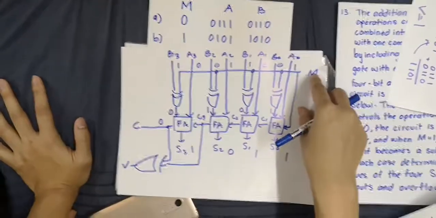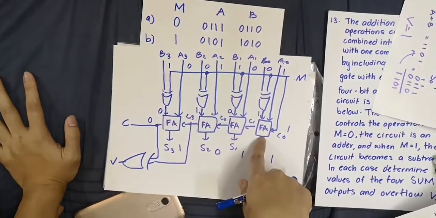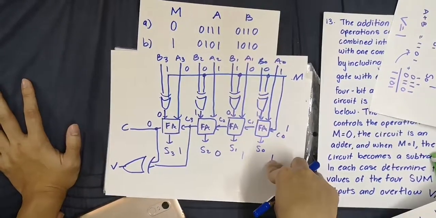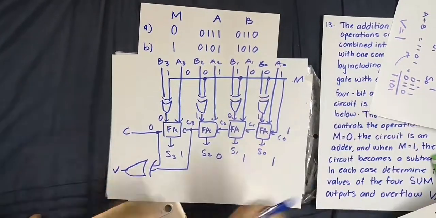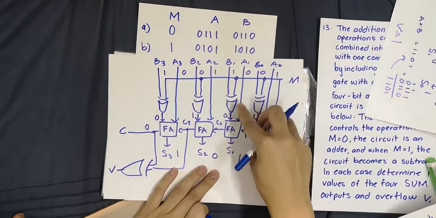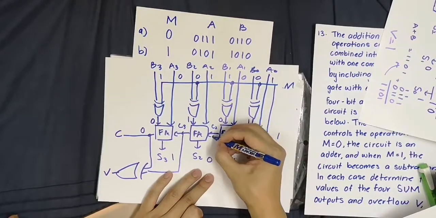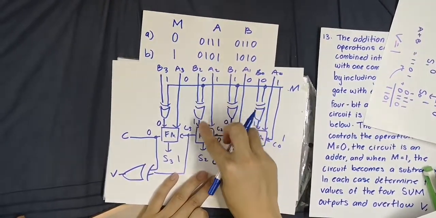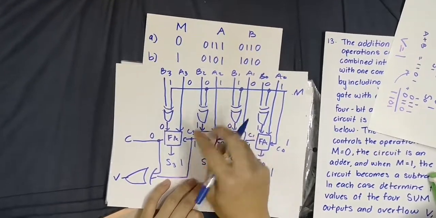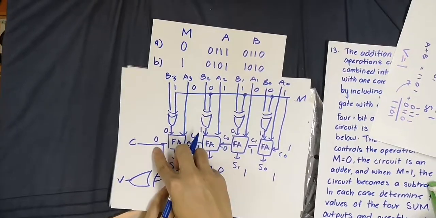After we list down all the outputs of the XOR, just add all at the full adders. 1 plus 1 plus 1, we get the sum of 1 with the carry of 1. 1 plus 0 plus 0, the output will be 1 and the carry will be 0. 0 plus 1 plus 1, the sum will be 0 and the carry of 1. 1 plus 0 plus 1, the sum will be 1 and the carry of 0.